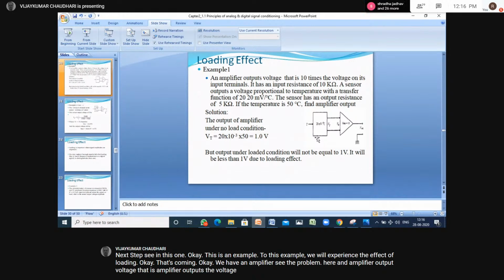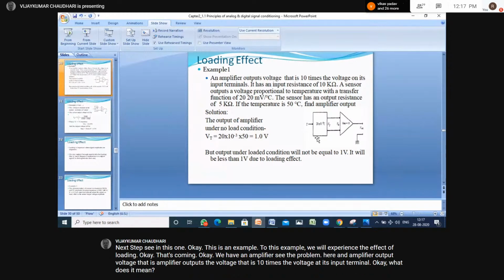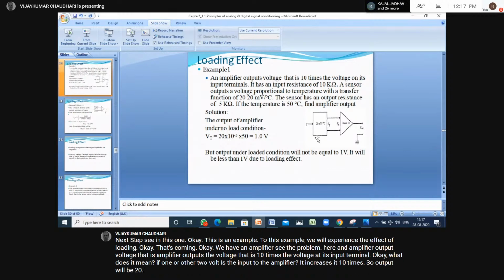What does it mean? If 2 volt is the input to the amplifier, it increases it 10 times, so the output will be 20. If the input is 3 volt, the output will be 30. What is 10 then? 10 is the gain of the amplifier. So amplifier gain is given as 10.